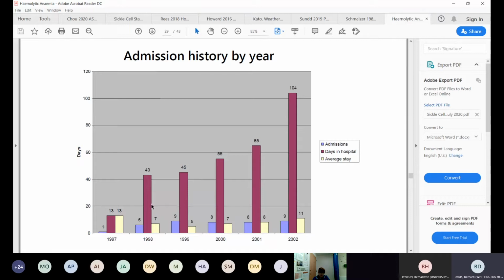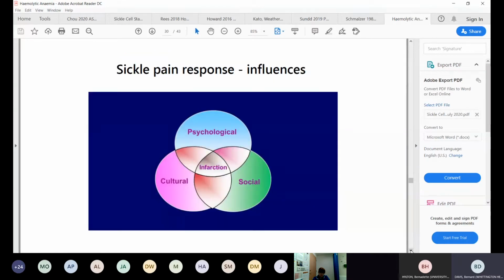And you can see year on year, quite a steep increase in the number of days spent in hospital, so that within about 5 years, she was spending over 100 days in hospital with up to 9 admissions in that year. So things can escalate very, very quickly if you don't manage them effectively.